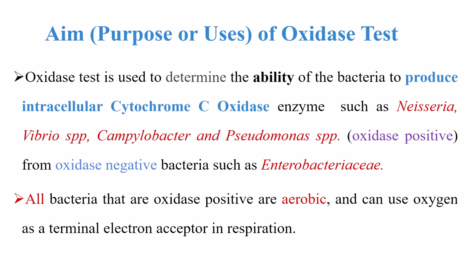Oxidase negative bacteria include the Enterobacteriaceae, a large family containing Salmonella, Shigella, and Proteus. All bacteria that are oxidase positive are aerobic bacteria. They can use oxygen as a terminal electron acceptor in respiration.